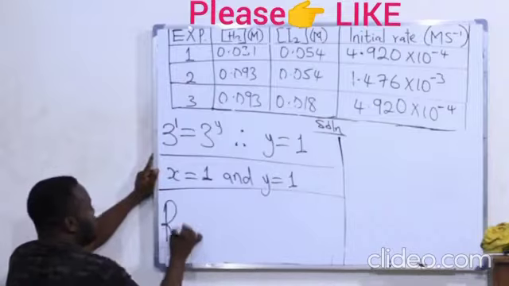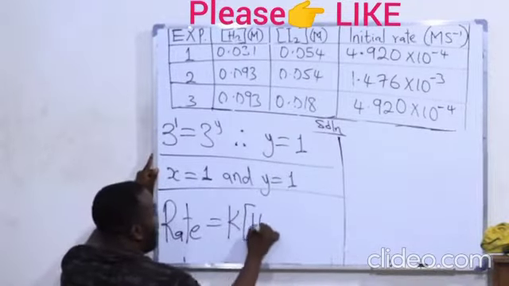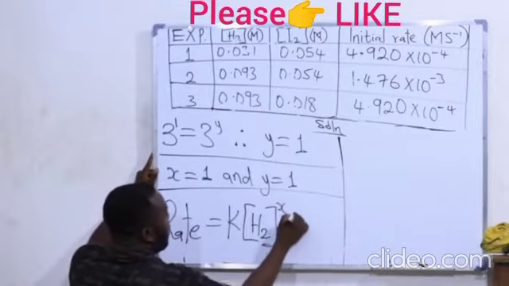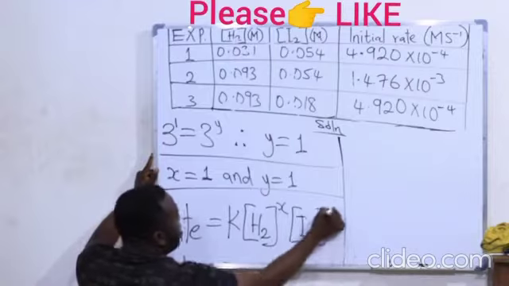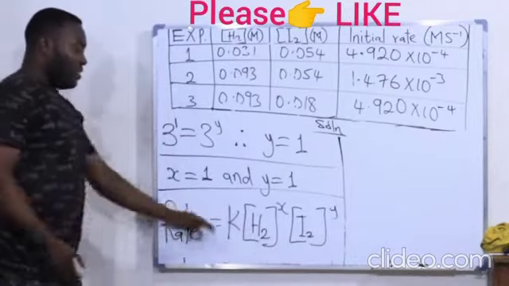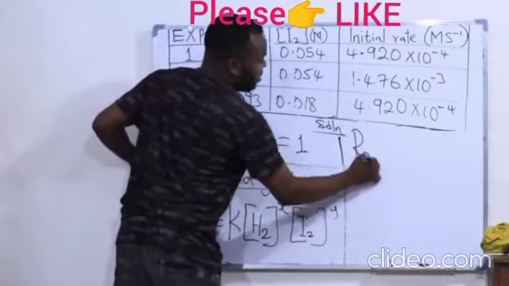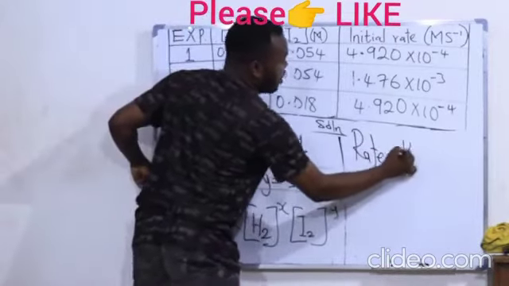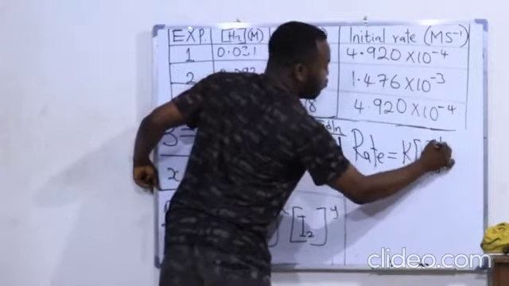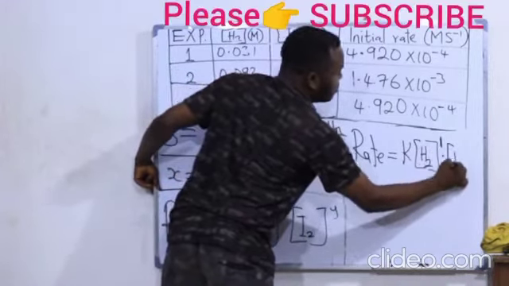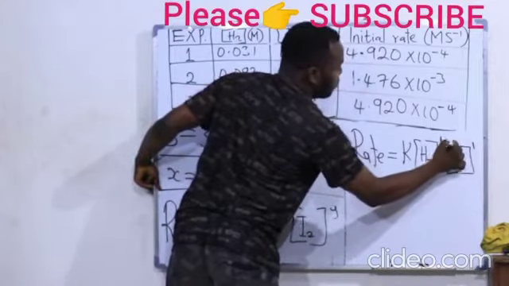My rate, which is equal to rate constant times hydrogen raised to power x and iodine raised to power y, simply means that now that I have the values of x and y, I can rewrite it by saying that rate is now equal to K times hydrogen to the power of x, which is 1, times iodine to the power of y, which is also 1.